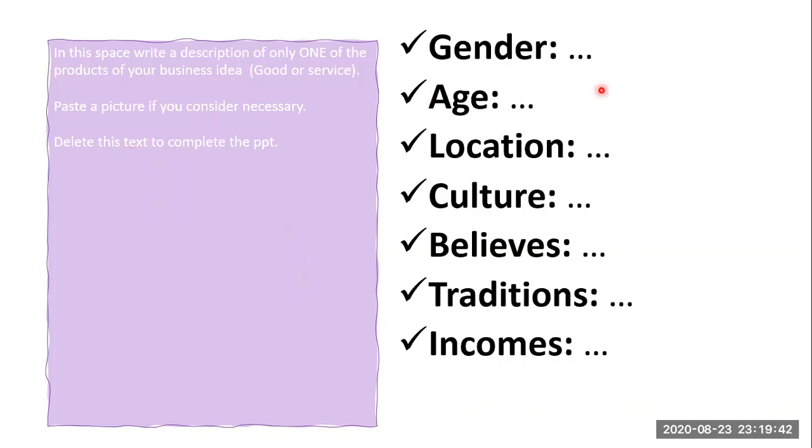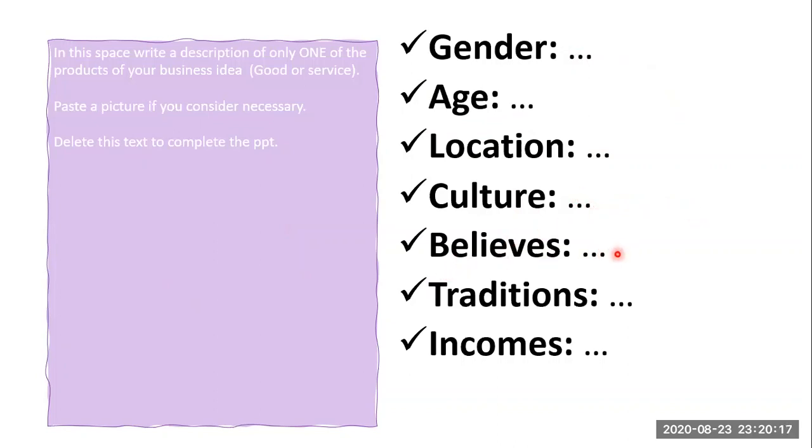Only one product here, a description and a picture if you want to. Delete this, and here you tell me, for example, if it's a pair of jeans. Let's say that your business is about clothes and you want to sell jeans. So are those jeans for men or women? Maybe women. Okay, you write here women. Maybe those are for teens, between 12 and 16. Location, in Guayaquil. Culture, people who wear jeans, who like to be comfortable.